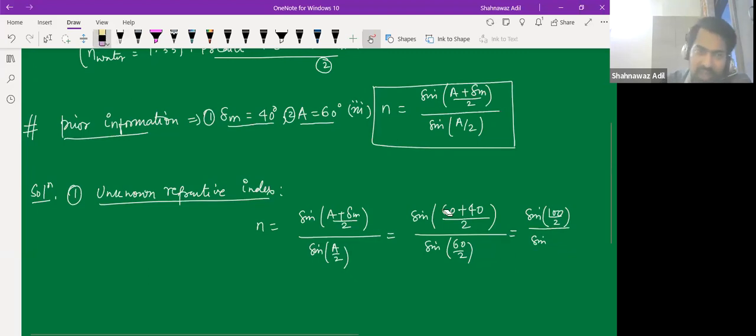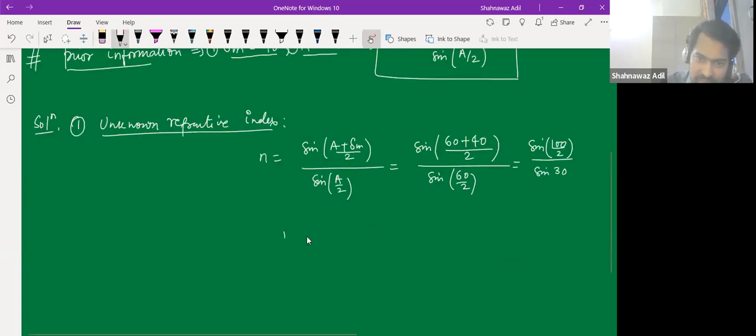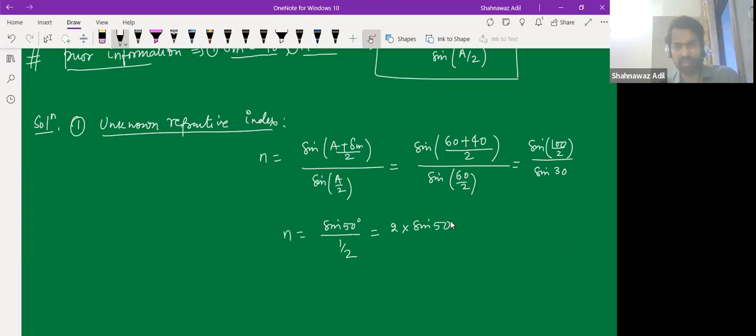Sine 30 value we know, right? And sine 50 is how much? Sine 50 degree divided by sine 30, which is 1 by 2, so this is 2 into sine of 50. How much is that? We just use the scientific calculator.